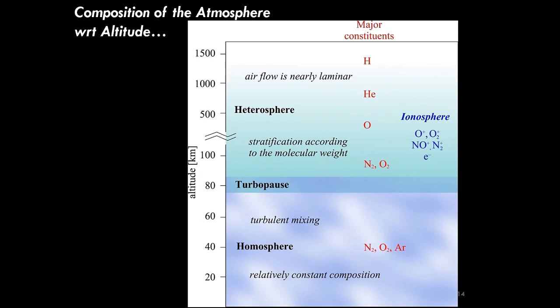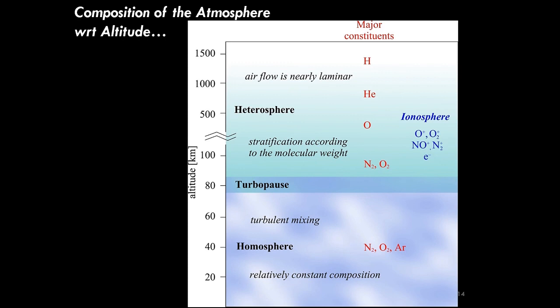Basically, the homosphere is where our air is, and it is relatively constant in composition. In the homosphere, the composition does not change, but as you go higher in altitude and approach the turbopause, we have turbulent mixing. So it has relatively constant composition.